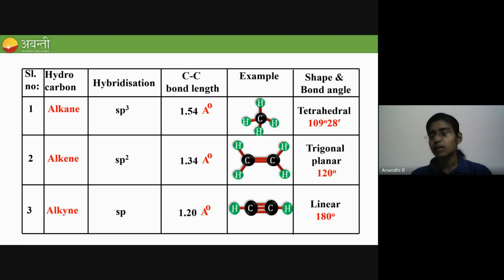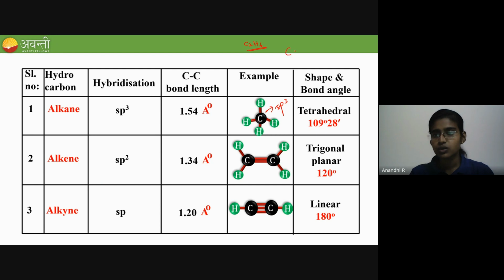If a carbon is having only single bonds around it, or 4 single bonds around it, then the hybridization of that carbon is sp3. One more example I'll give you for alkane is C2H6, in which you can find the carbon-carbon bond length.